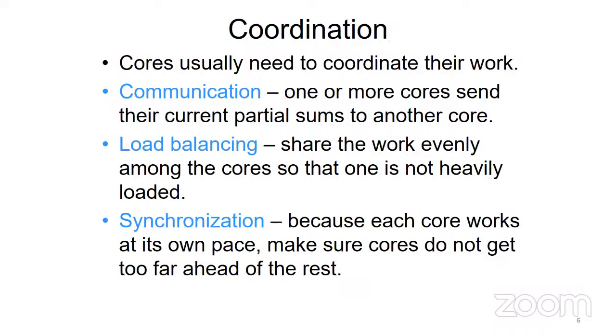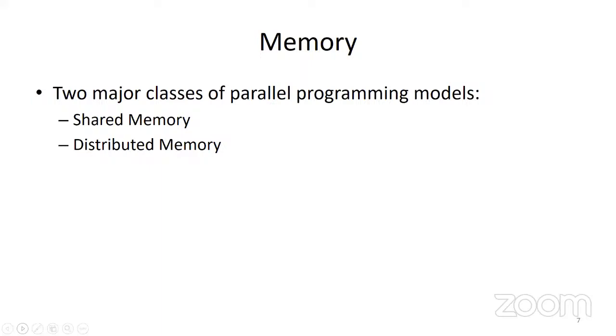And also communication is much more important, because the transfer of data between the processors is required. So here are the two major classes of parallel programming model. One is shared memory and another is called distributed memory.